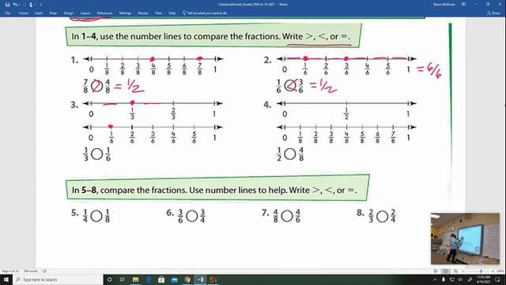This one has 3 parts, right? This one has 6. Which is the greater fraction, 1/3 or 1/6? 1/3. That's right. Because look at the picture. 1/3 is closer to 1, correct? It's further along.